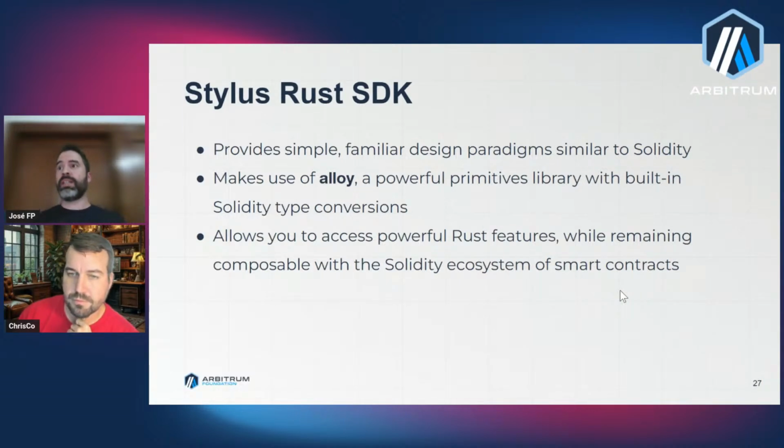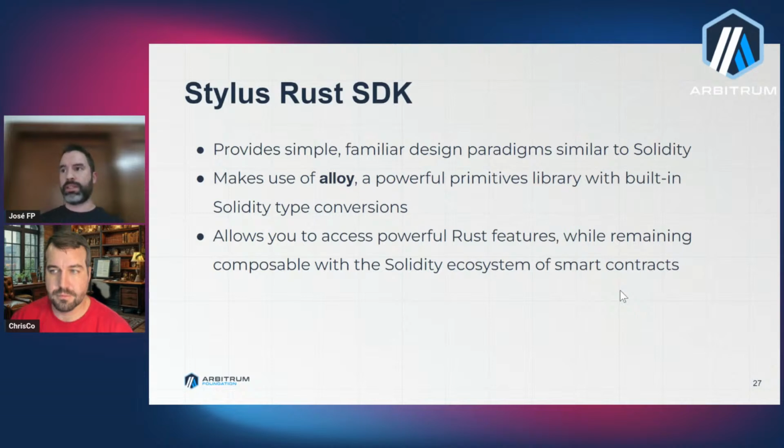So it is built in a way that provides simple, familiar design paradigms similar to Solidity. Okay, it makes use of Alloy, which is a powerful primitives library that has built-in Solidity type conversions. We're going to talk about this a bit later, but in the end, we want to be compatible with Solidity, so we somehow need to be able to access the same types as Solidity.